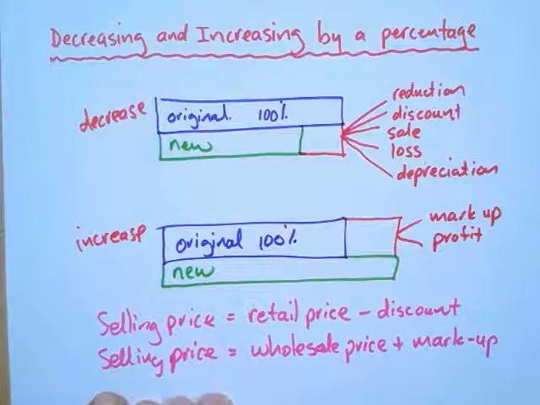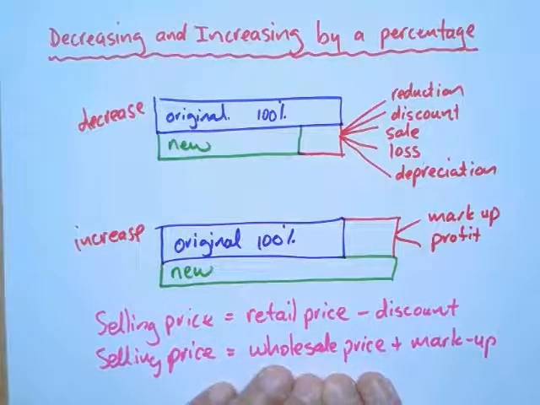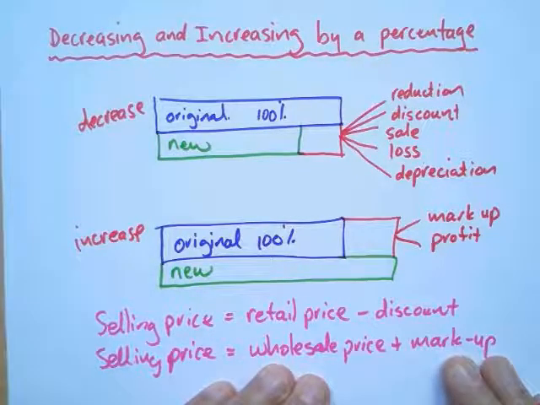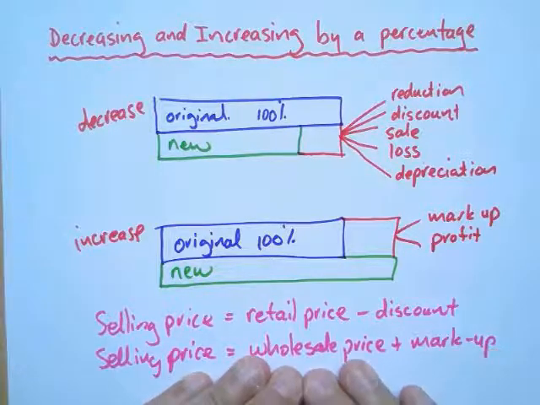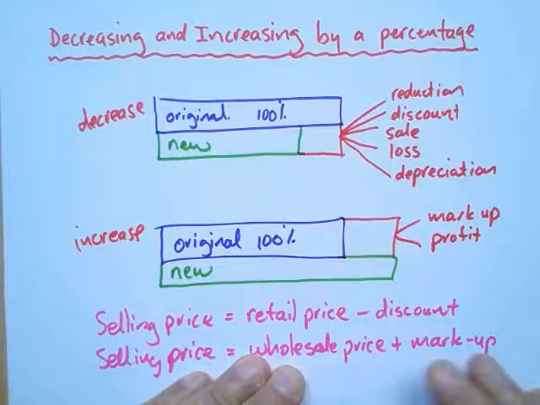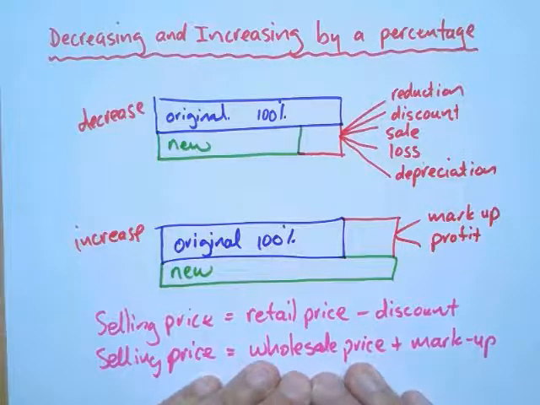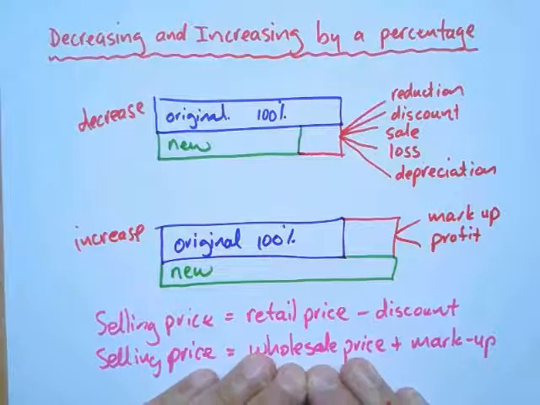Okay, so the selling price is what they paid, plus what they mark it up with to find their profit. If they're just going to sell it for the same price, they're not going to make any profit. So they're going to mark up on the price that they actually bought it for. So that's the wholesale price, what they bought it for.